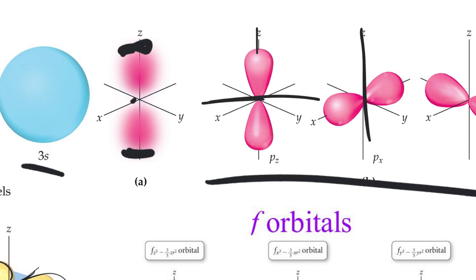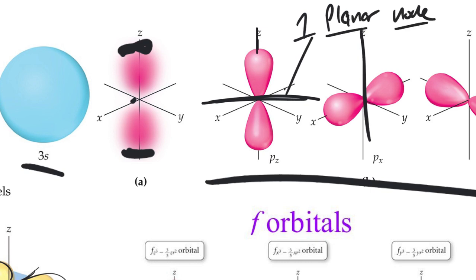There's an entire plane where there's no probability of finding an electron for a p orbital. So there's one nodal plane, or one planar node, and a node is just a region of no probability of finding the electron. That planar node corresponds to the L value.